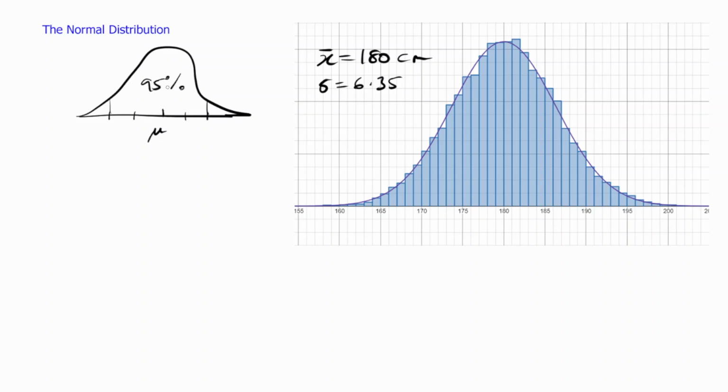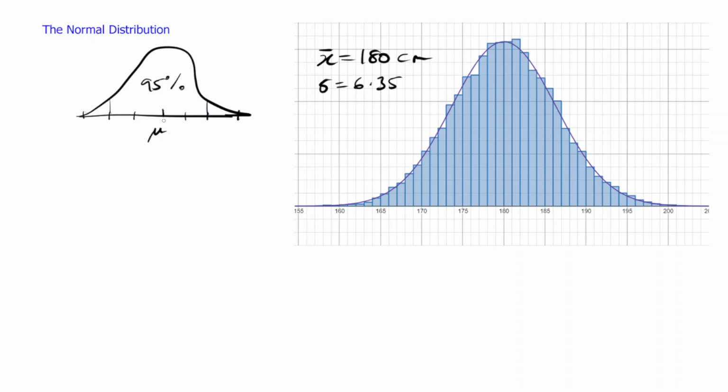So 95% of the data is within 2 standard deviations of the mean. That's how we say it, within 2 standard deviations of the mean. If you go to 3 standard deviations, it actually turns out to be 99.7% of the data.